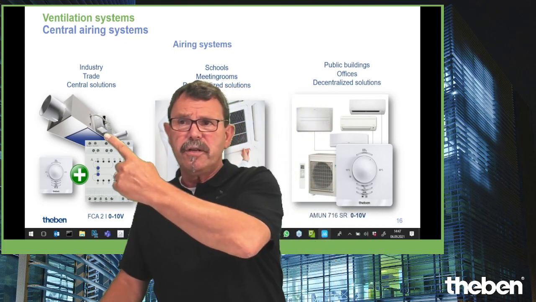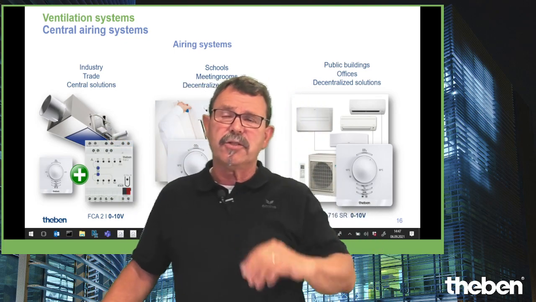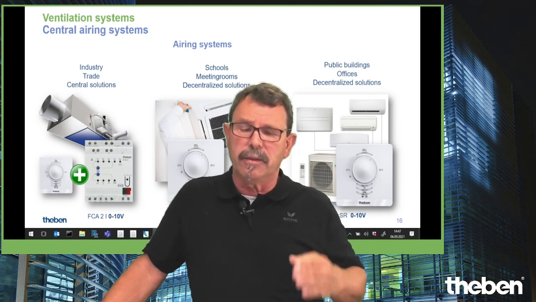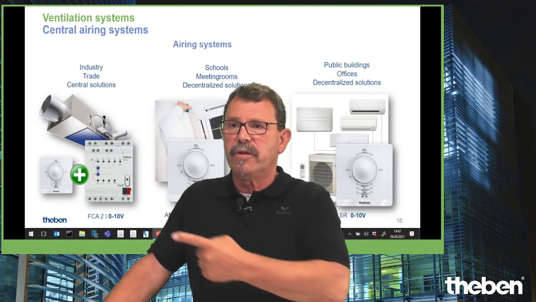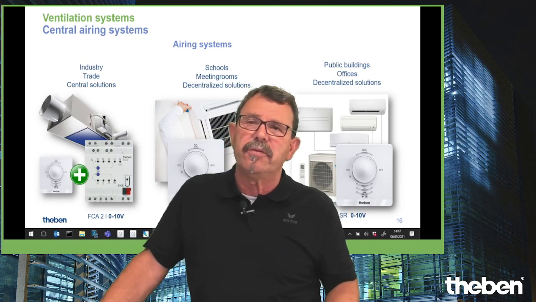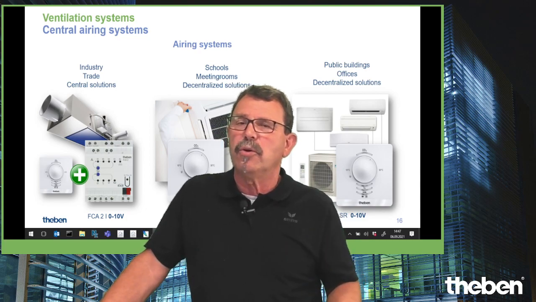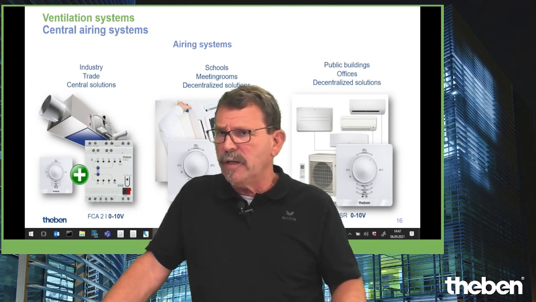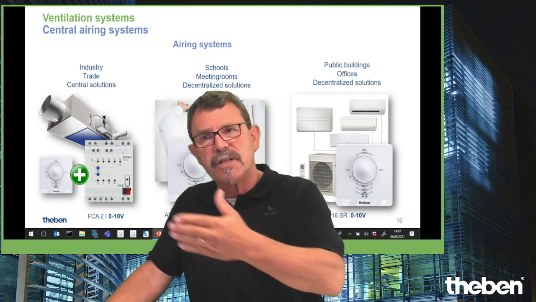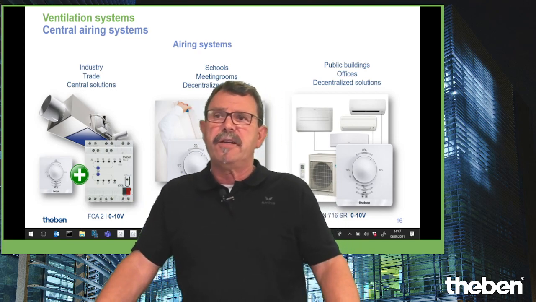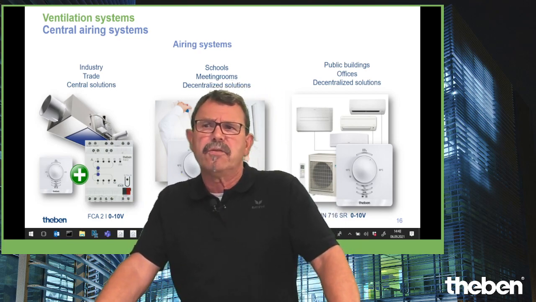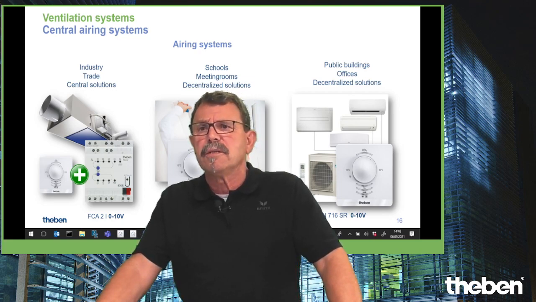And we do have here electric-driven dampers, so you can position the dampers with 0 to 10 volt, and this air control or ventilation control you can perfectly control with the FCA2, which is a fan-coil actuator, heating and cooling.